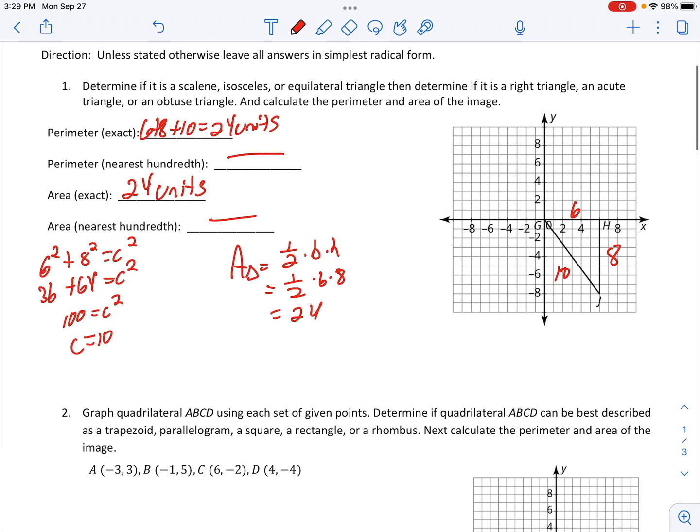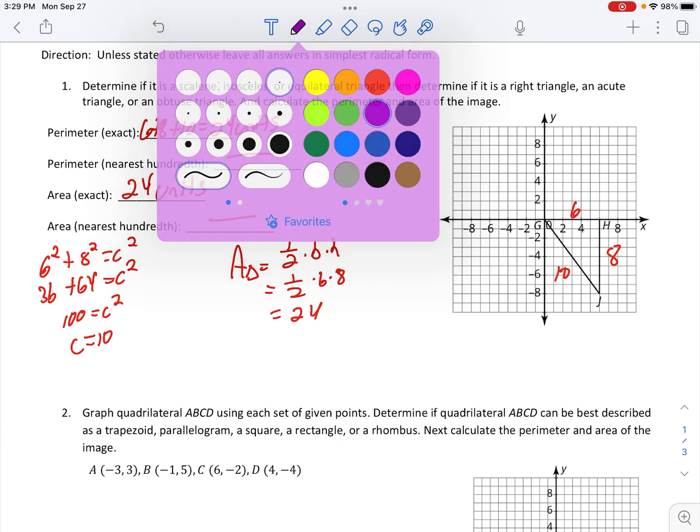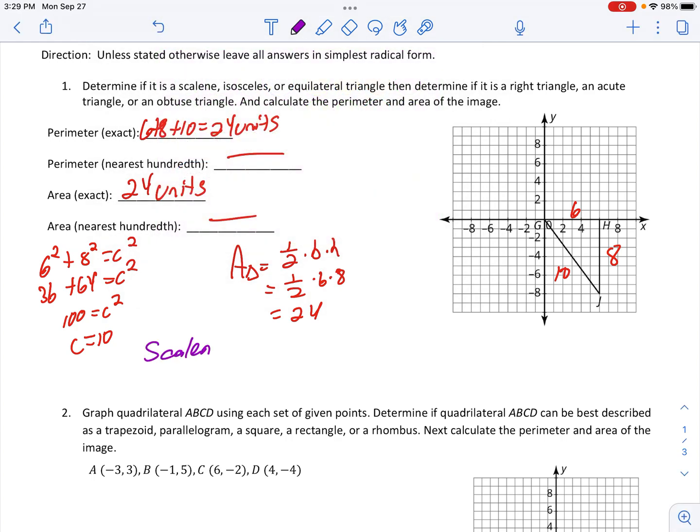So yeah, bring it all together to actually classify the triangle. It's a scalene. Write that better. Scalene triangle, since all 3 sides are different lengths.